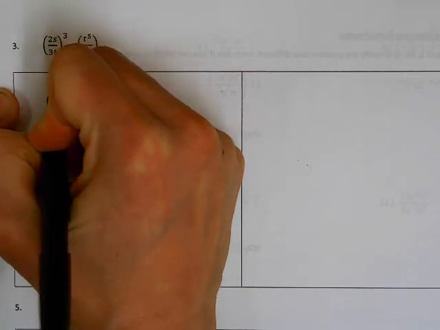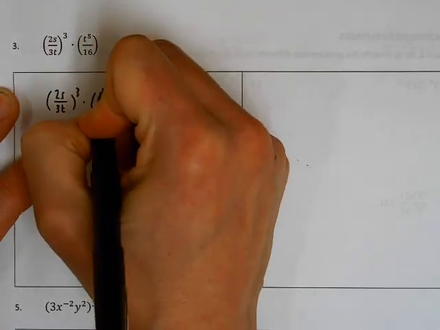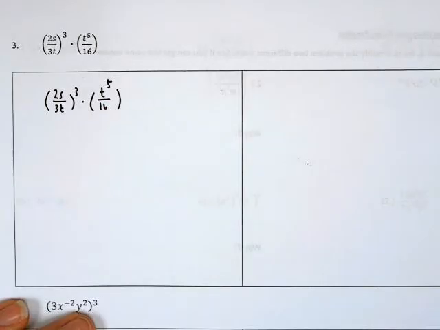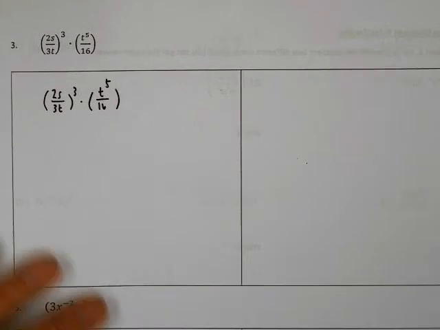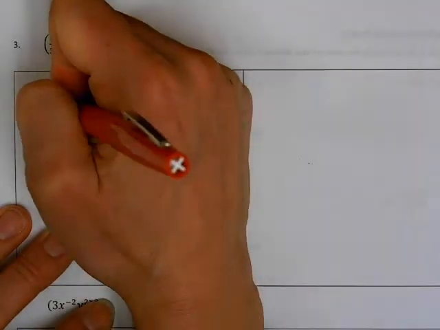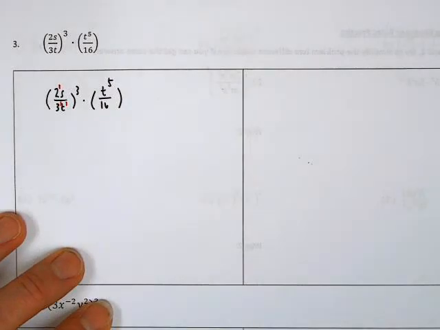2s over 3t to the third power times t to the fifth over 16. So let's see, I'm going to go ahead and think about distributing these exponents. So 2 has a power of 1, and 3 has a power of 1, and t also has a power of 1.